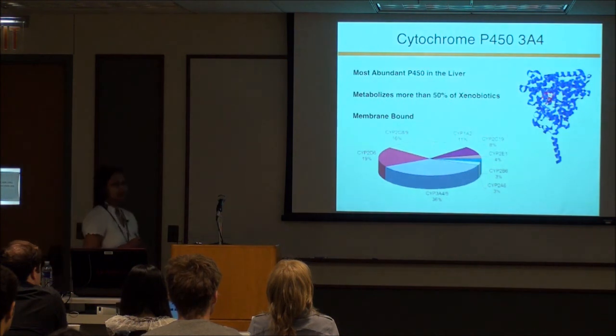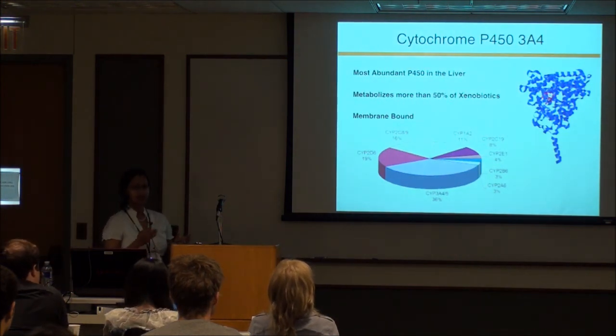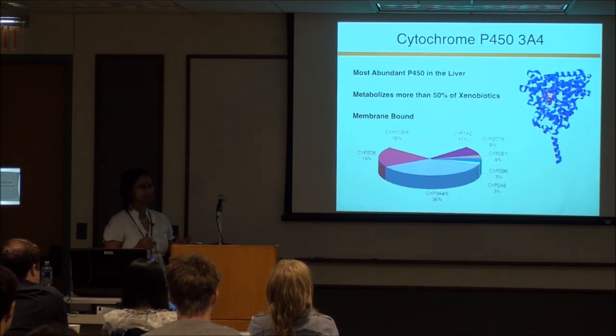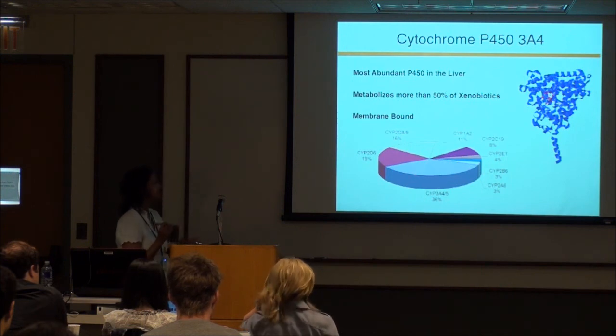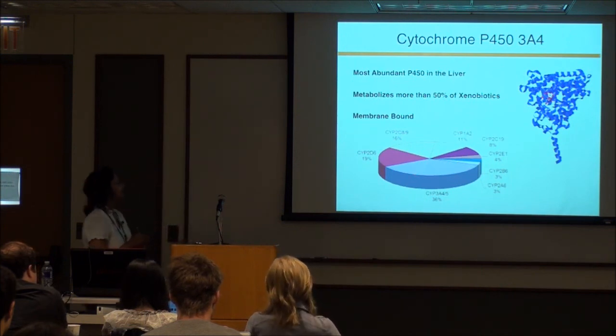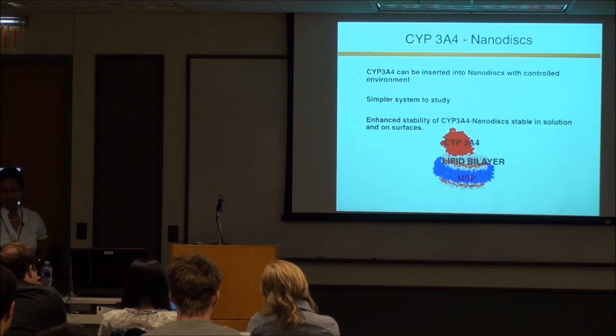So it's the cytochrome P450-3A4, for which we are going to study drug binding using localized surface plasmon resonance. You can see this is a very important protein. 36% to 50% of the drugs are metabolized by this protein. And this is a membrane-bound protein, and that's what increases its complexity.